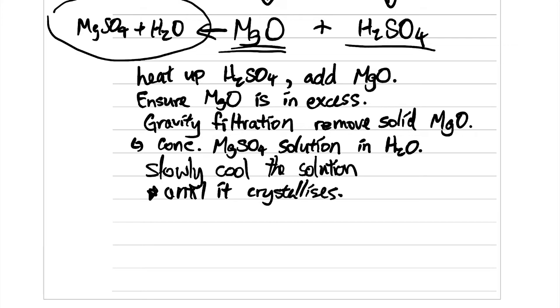And after the magnesium sulfate crystallizes, you want to do another filtration, another gravity filtration, to remove the excess liquid. Now you're gonna get some white crystals.